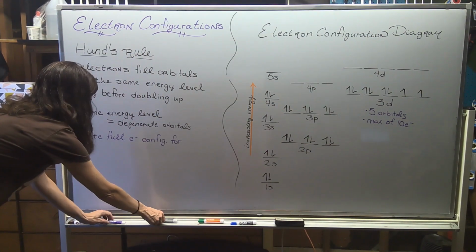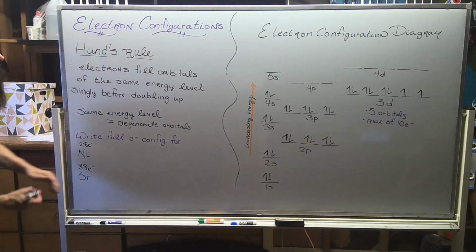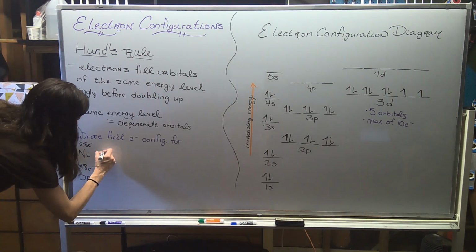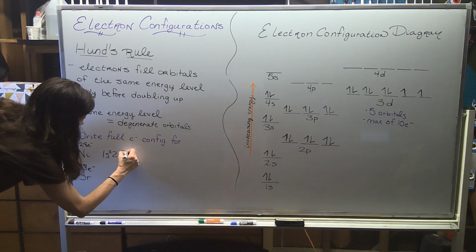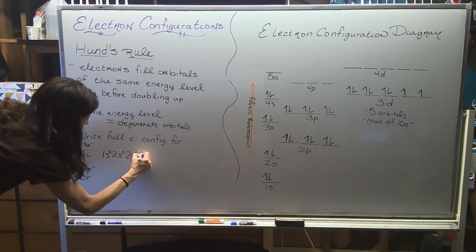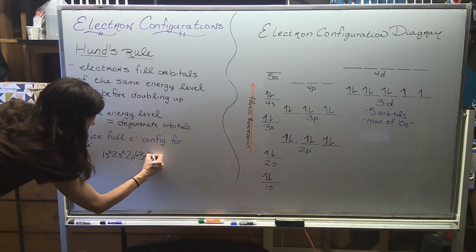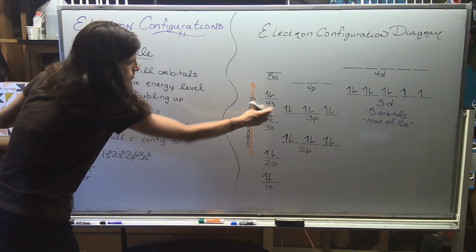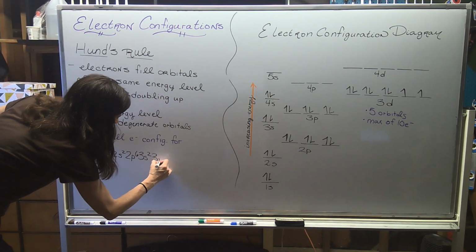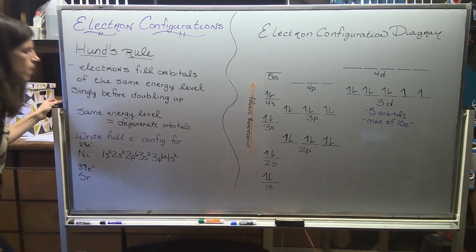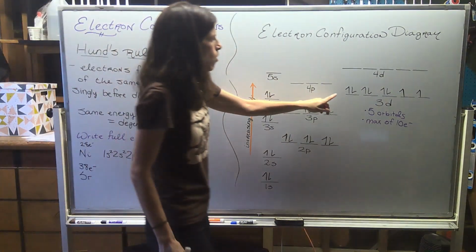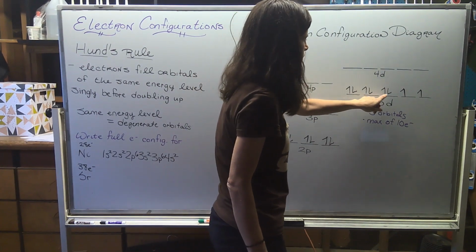Alrighty, so let's turn this into just like a linear notation here. So I'm going to do 1s2, 2s2, 2p6, 3s2, and then after 3s2 is my 3p6, 4s2, and then 1, 2, 3, 4, 5, 6, 7, 8.